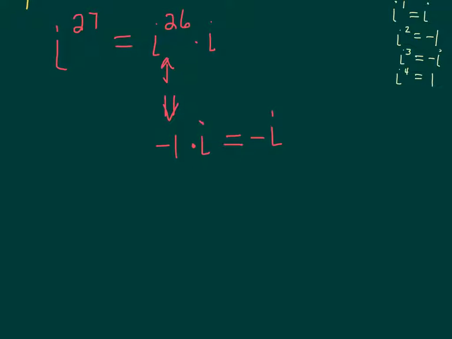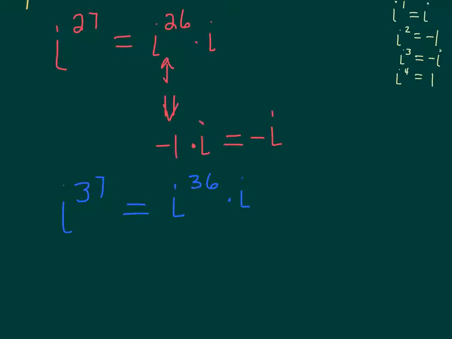Okay, and our last one that we're going to do, i to the 37th. Okay, so i to the 37th is an odd number, therefore it's going to have an i in it. So we're going to pull out that i, and so we have i to the 36th times i.